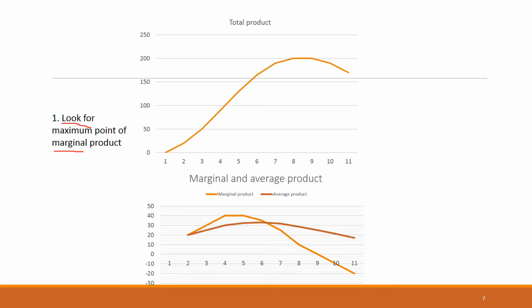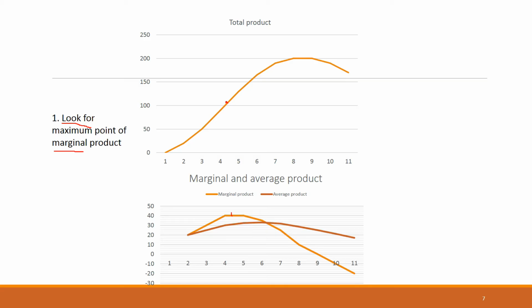The maximum point of marginal product. Well, over here of course it's shown by this point, and on the total product curve it'll be shown at a point such as this here, where the gradient of the total product curve gets to a maximum and then starts to fall.